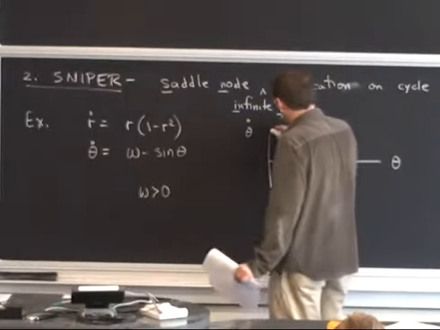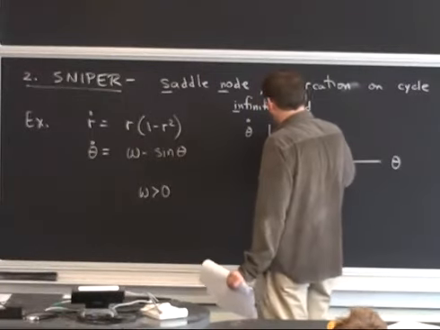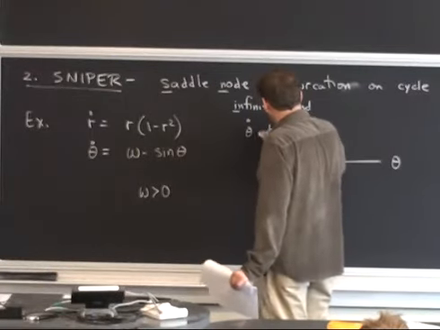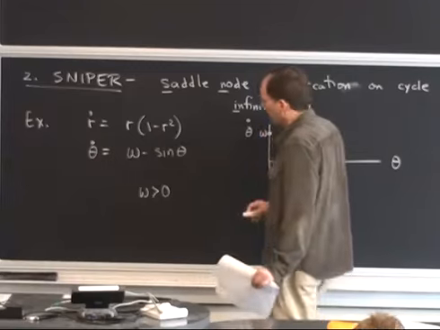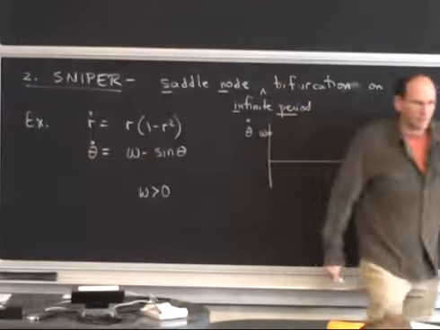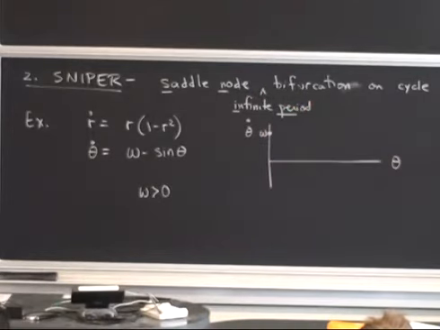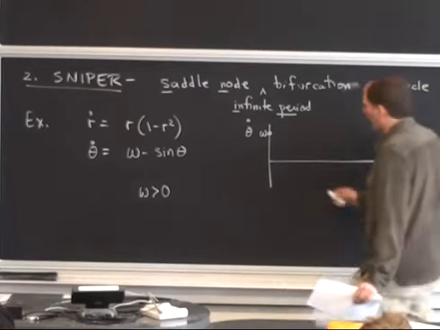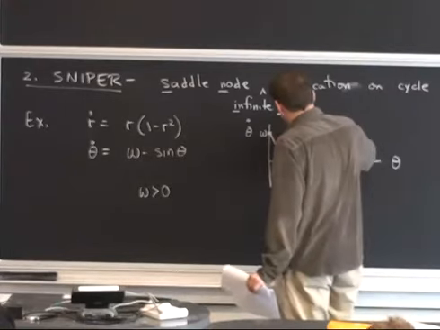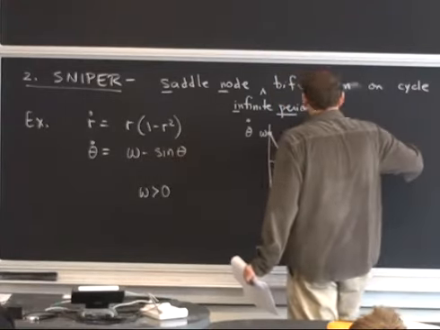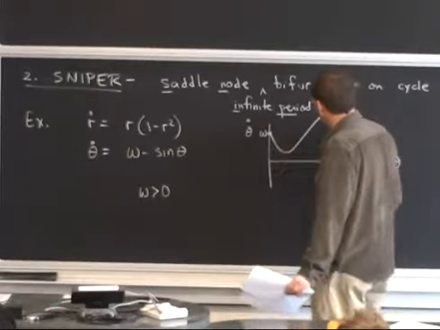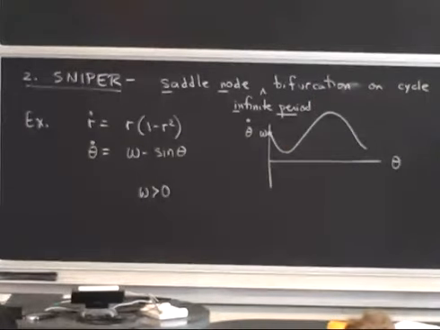And if omega is pretty large, like say if it's larger than 1, the reason that 1 is important is because 1 is the amplitude of sine theta. And so if omega is larger than 1, then theta dot will never be 0. We'll just have a picture that looks, you know, like this. That's omega minus sine theta.